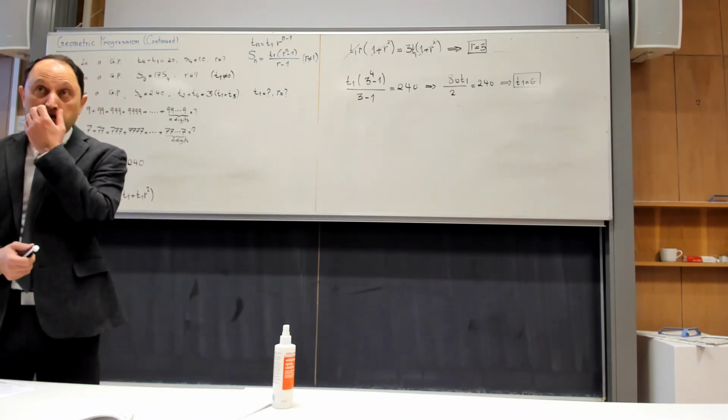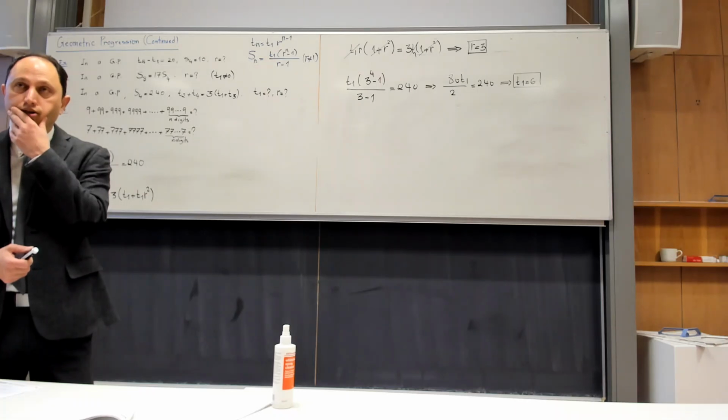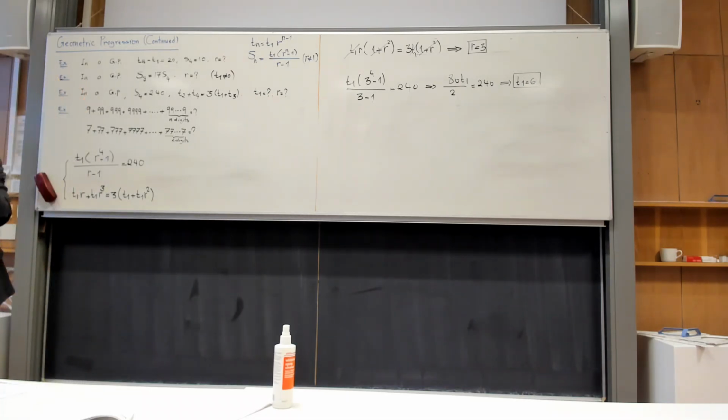No. Yes? No, the thing is, if you start with t1 as 10, that means the formula for t1 would be 10 multiplied by r. Oh yeah, so that would work. You just convince yourself.